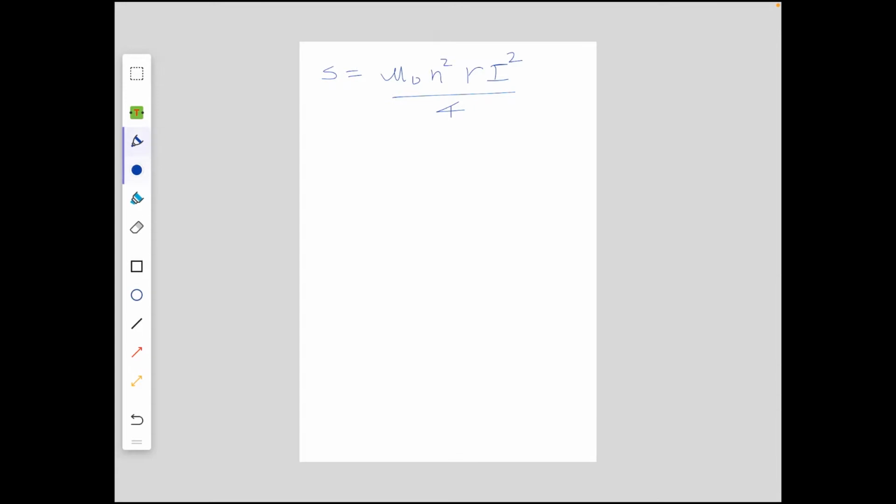So the total energy will be this times the surface area of the cylinder, which is S times 2 pi r h, that is mu naught n square r I squared by 4 into 2 pi r h.